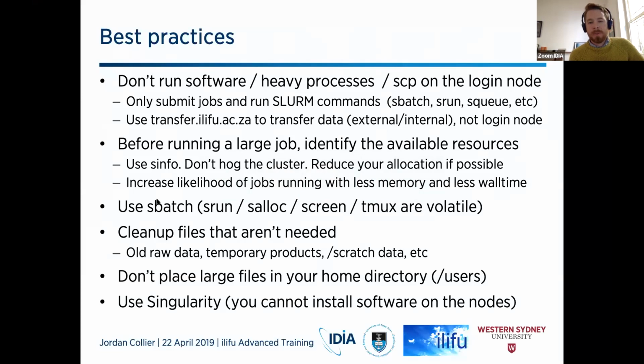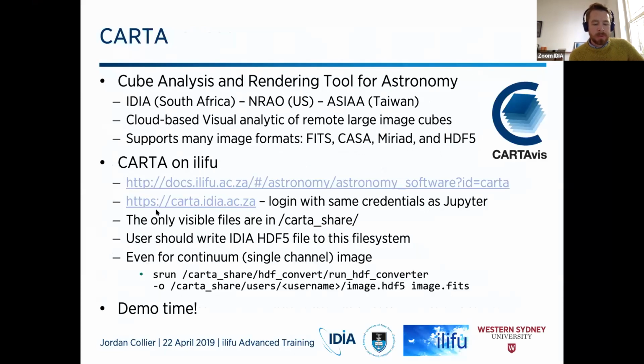Otherwise, if they're project specific, you can place them in a project directory. But I think Jordan showed there's an srun command in the documentation that basically converts the FITS to HDF5. So it doesn't necessarily matter to have your FITS in the CARTA share directory, because if you run that command, it'll place the HDF5 in the CARTA share automatically.